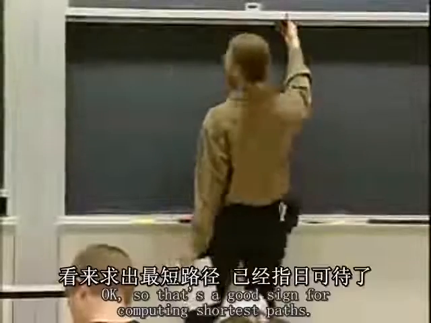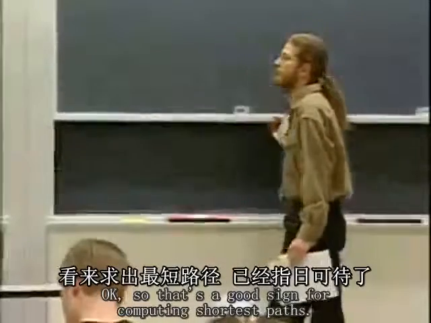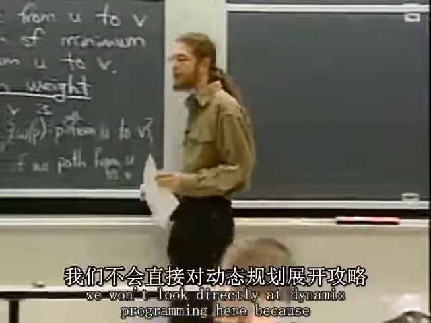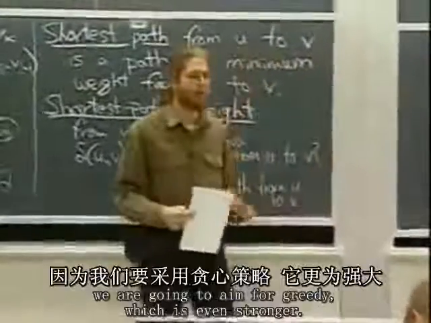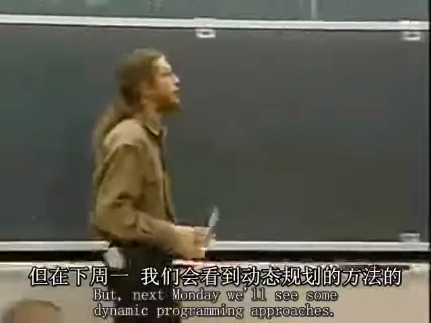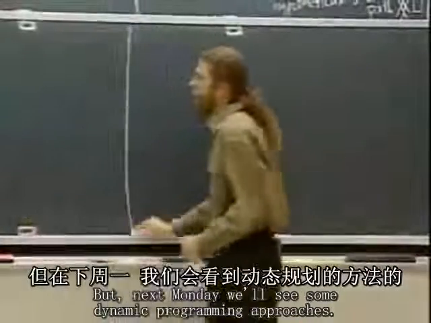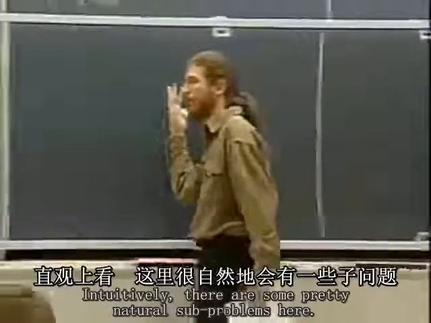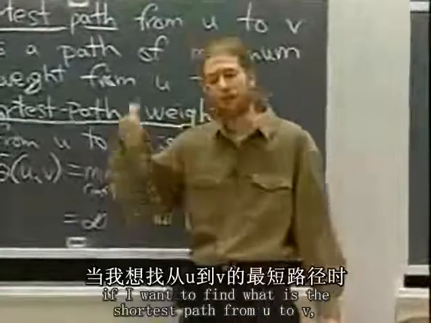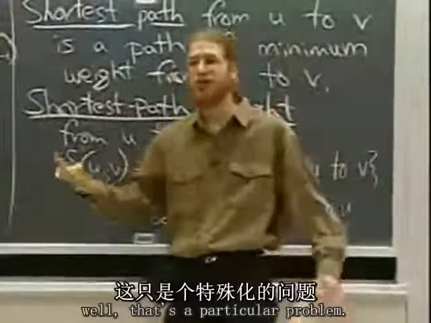Okay, so that's a good sign for computing shortest paths. In terms of dynamic programming, we won't look directly at dynamic programming here because we're going to aim for greedy, which is even stronger. But next Monday, we'll see some dynamic programming approaches. Intuitively, there are some pretty natural subproblems here. If I want to find the shortest path from u to v, well, that's a particular problem.